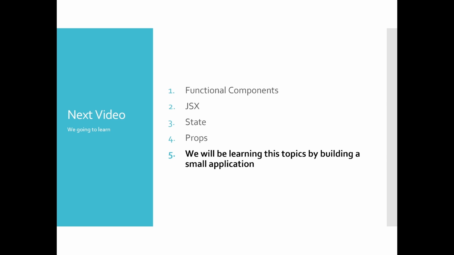In this playlist, instead of just going through topics and giving some basic examples, we will be learning these topics by building small real-world projects, and how we are going to implement each topic in a real-world project. By the end of this playlist, you will have an idea that this topic will be implemented in this situation, so that you will be ready to build a real-world project.